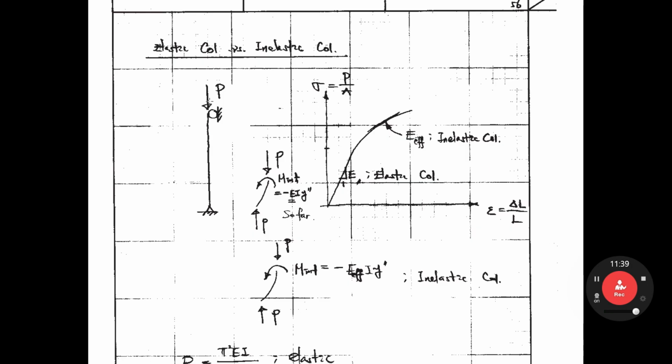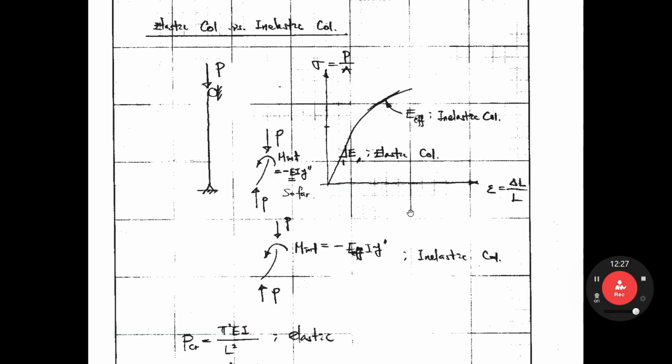So let's look at that column behavior. Yes, this is a simply supported column. If we draw the stress-strain relationship, then up to here the slope is E. After this proportional limit, it shows some curve. In this range, the slope is called E effective, the effective E. That means the inelastic column.